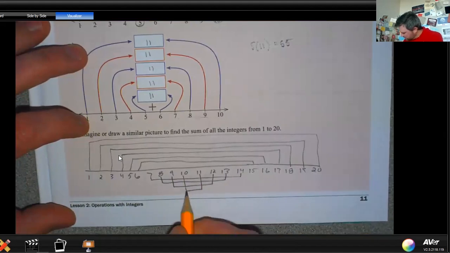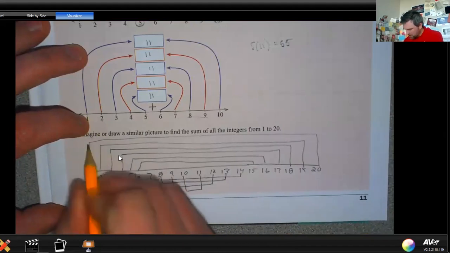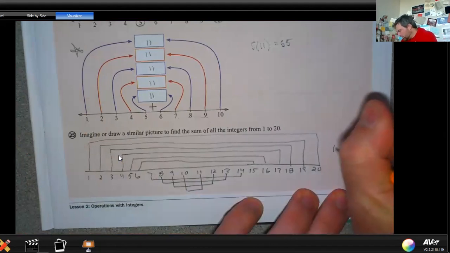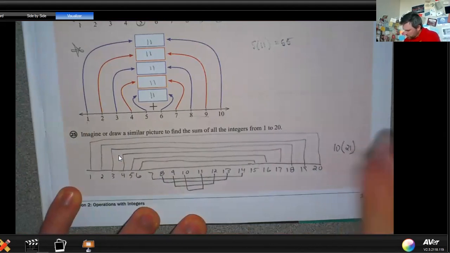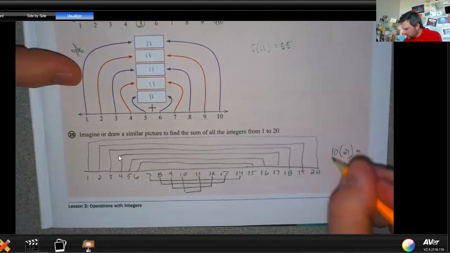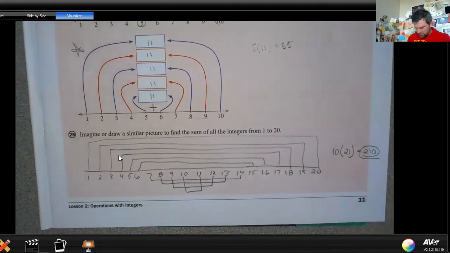So you have 1, 2, 3, 4, 5, 6, 7, 8, 9, 10. So we got 10 pairs of numbers that add up to 21. So 20 plus 1 is 21. They're all going to add up to 21. And 10 times 21 is 210. So that's one way that you could have done that.